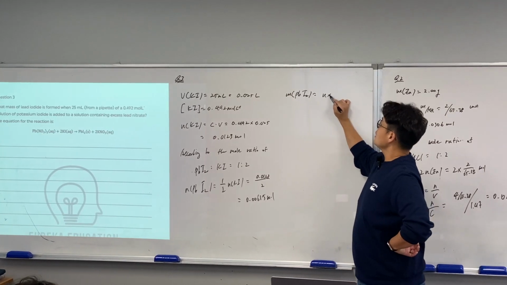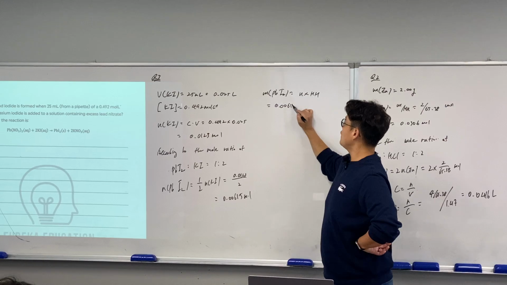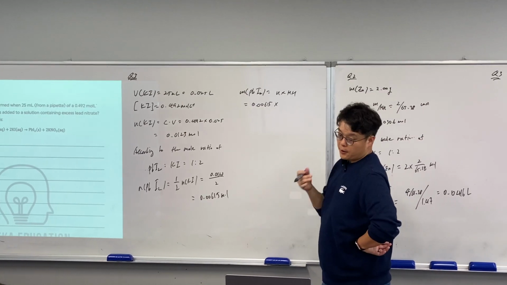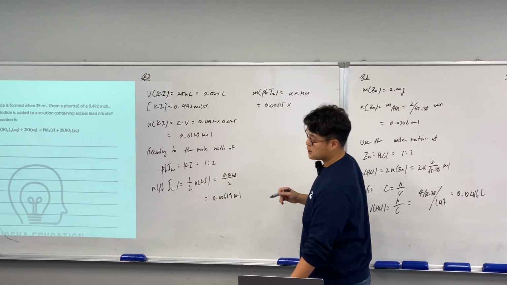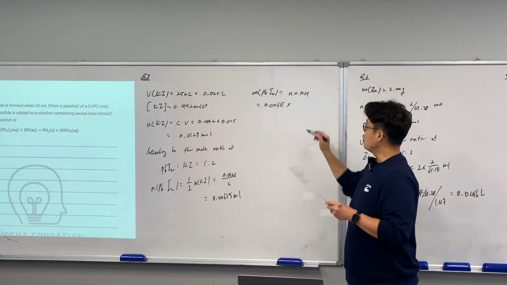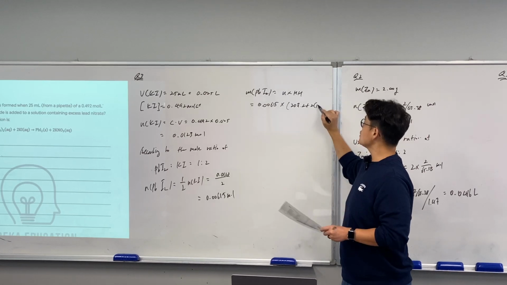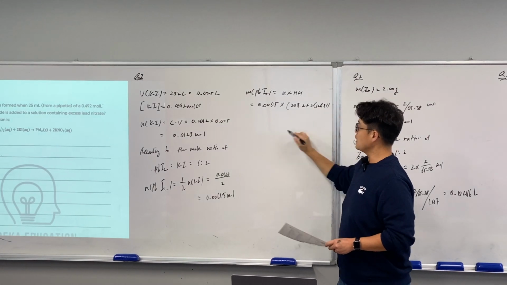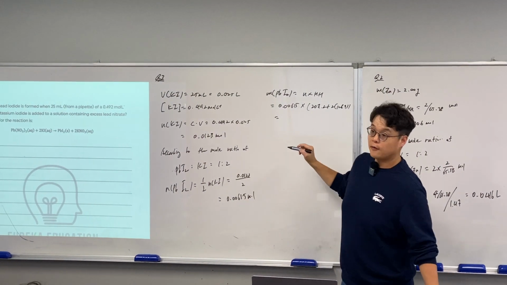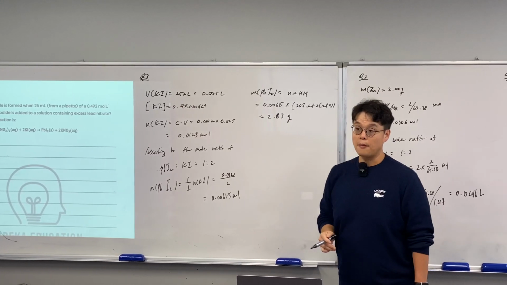So it'll be n times the molar mass, the same moles, 0.00615, times the molar mass of lead iodide. Show all the relevant working out: lead is 207.2 plus 2 times iodine, 126.9. Your final answer should therefore be 2.83 grams.